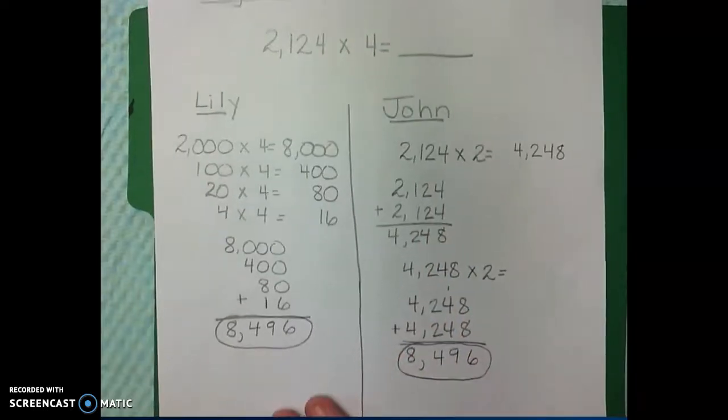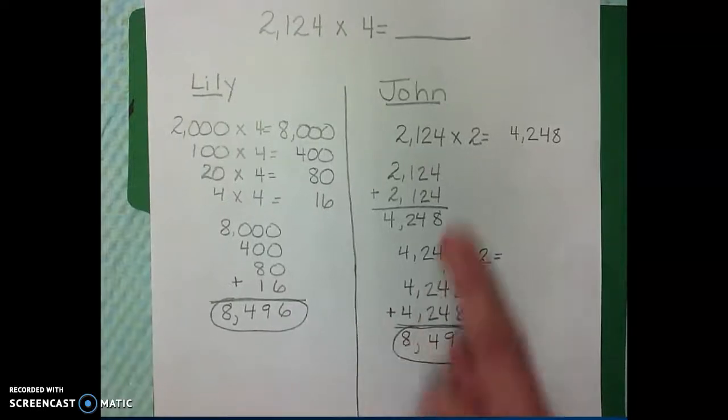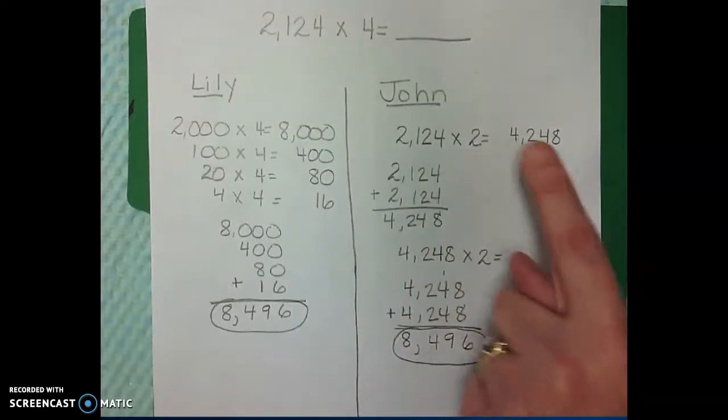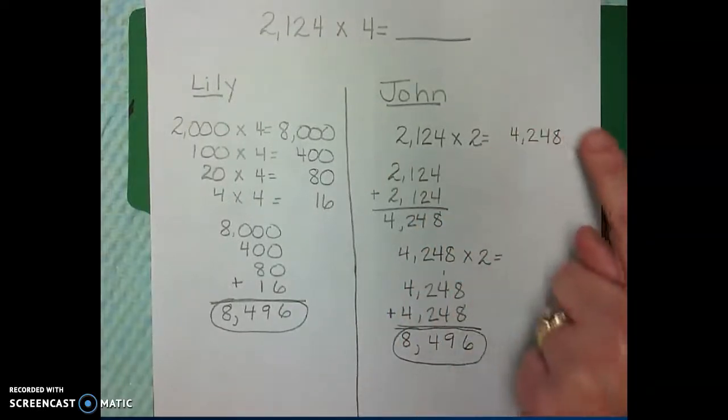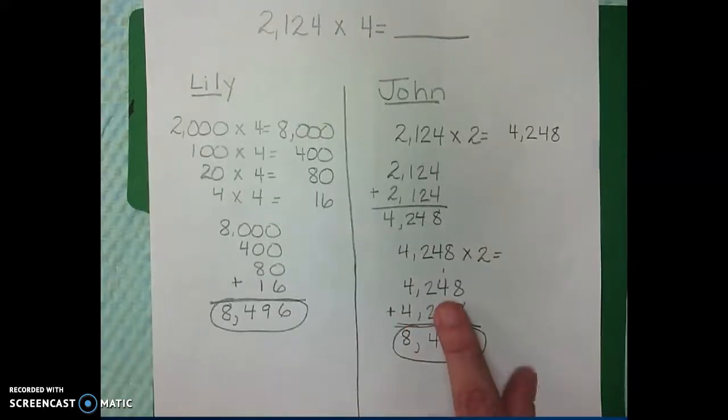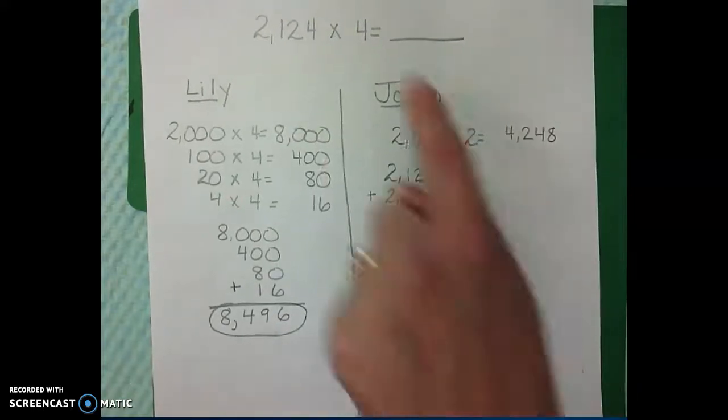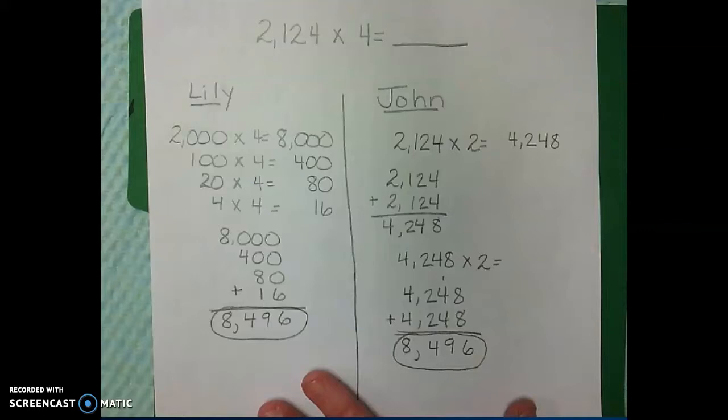Now John said, okay, now I've got that answer times 2, so I'm going to multiply it by 2, so then I have my 4. So now we do 4,248 times 2, which is the same thing as saying 4,248 plus 4,248. And that gave him the grand total of 8,496, which is exactly what Lily did.